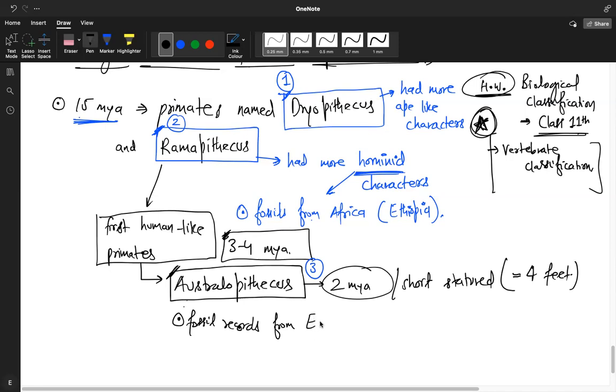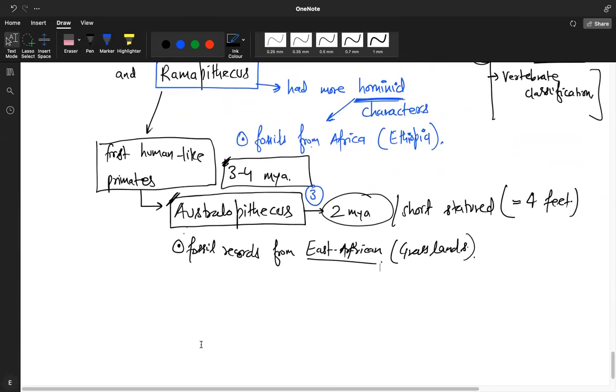Do you know where East Africa is? Basically, their fossils are found in grassland areas. So East African grasslands, okay? These Australopithecus. Make sense? So basically, it's all happening in Africa currently.